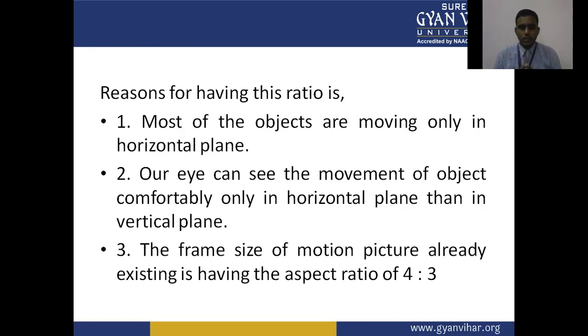This is the ability of the eye, that it can see the picture or movement of objects horizontally very comfortably as compared to vertically. So that is why the horizontal plane of the screen is 4 and the vertical plane is 3.